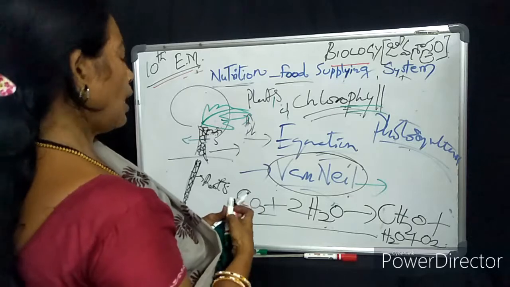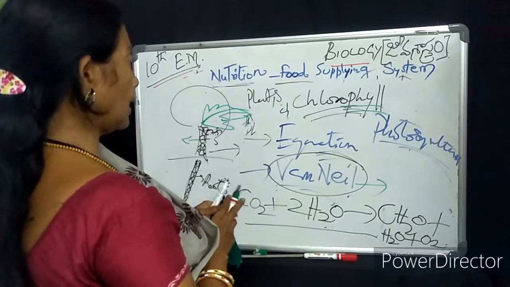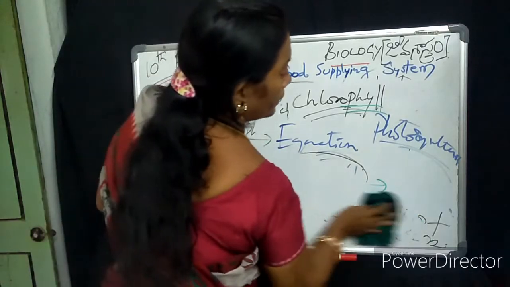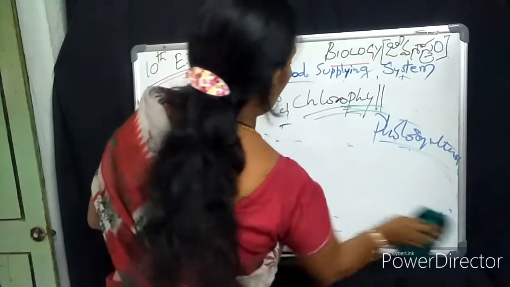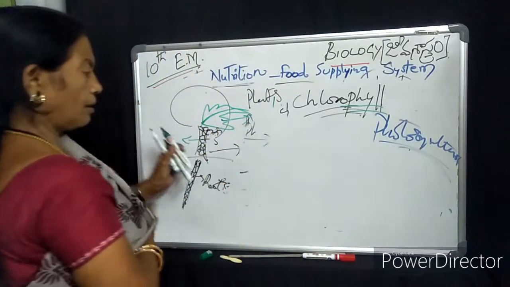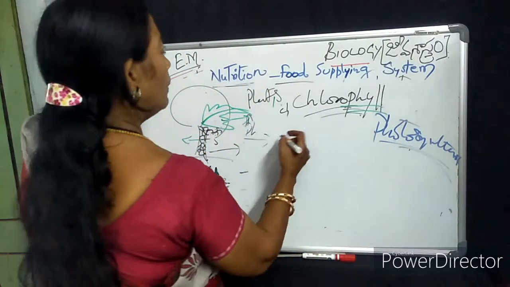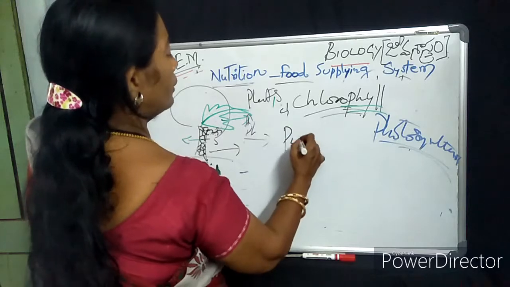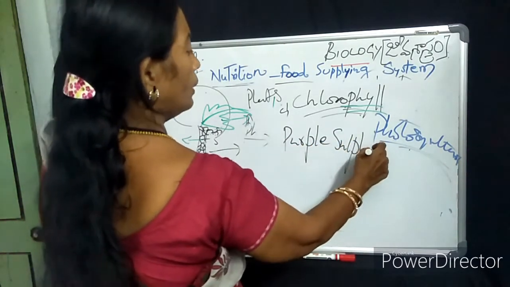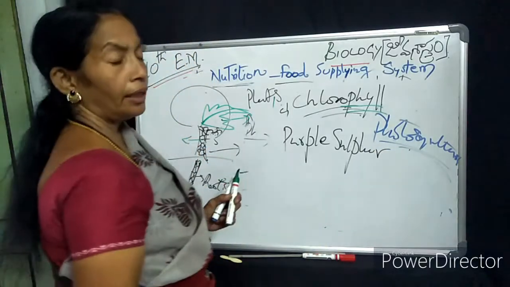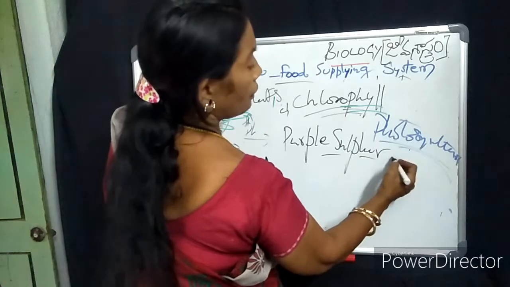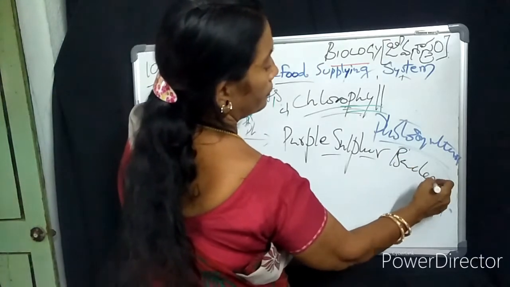And later, Van Neal is a great scientist, already we have discussed, Van Neal observed the purple sulfur bacteria. You will get a bit of an idea in this regard.